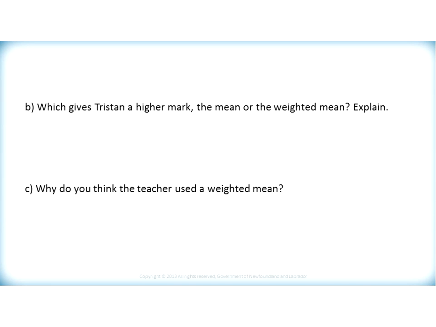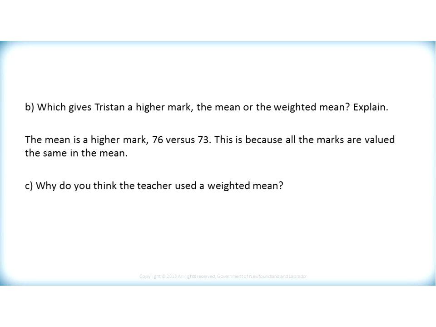So which gives Tristan a higher mark? Is it the mean that we calculated in the last lesson, or the weighted mean, which we just calculated? Explain. Well, the mean mark we said was 76%. The weighted mean was 73%. This is because all of the marks are valued the same in the mean.